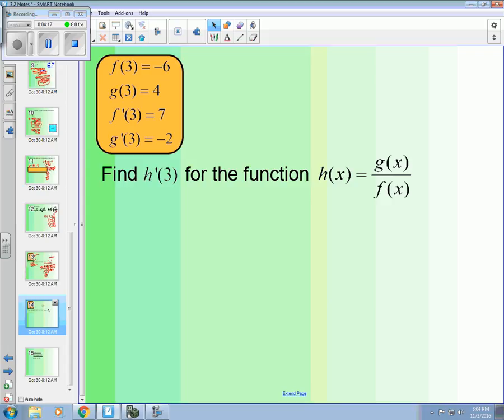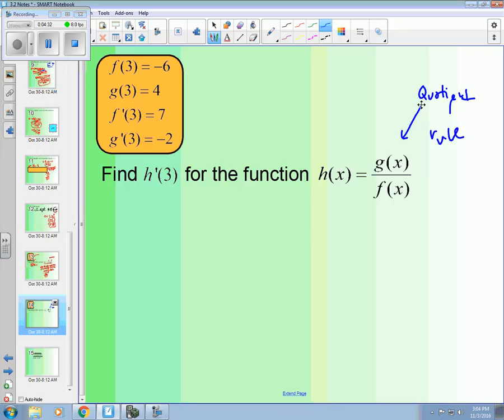Let's look at one more of those. This one has the same values in the table, just a different setup here. This is division, so this one's looking to see if we can use quotient rule.